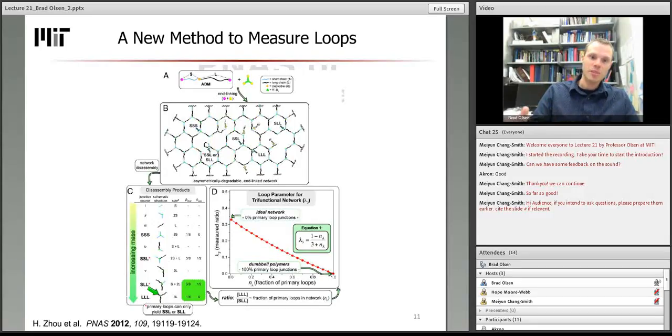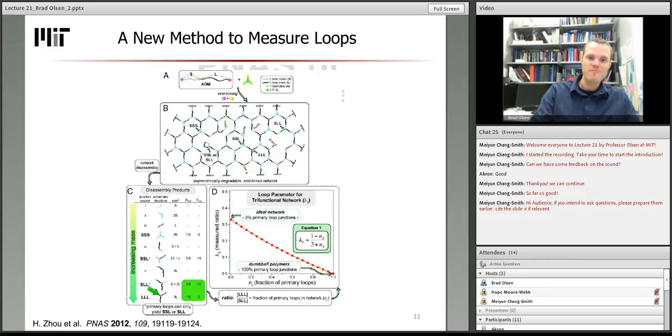Because if one chain reacts twice, you have to have a minimum of 1 short end. You either have to have 1 short end and 2 long, or 2 long and 1 short. But you can't have 3 long and you can't have 3 short going into the junction if one chain reacted twice. And so decomposing this network and analyzing what's reacted at each junction gives them a way to differentiate loops from bridges.